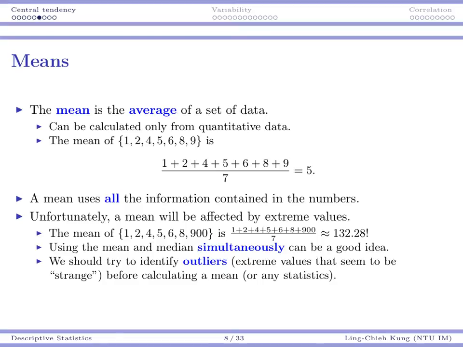So if you really want to summarize a set of data regarding central tendency, in many cases people suggest to write 2 numbers down. Tell people what's the mean and tell people what's the median. That can really help people understand more about the data set. Sometimes they are very close to each other, sometimes not, but providing the 2 numbers at the same time can be useful.